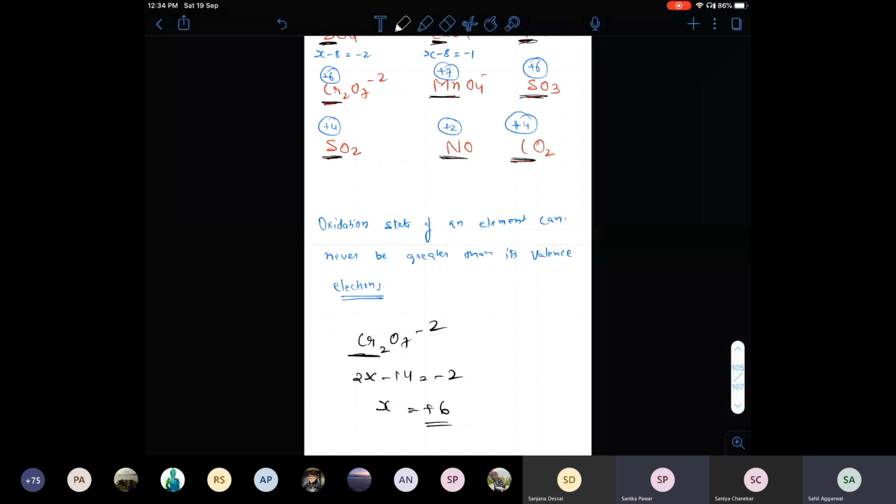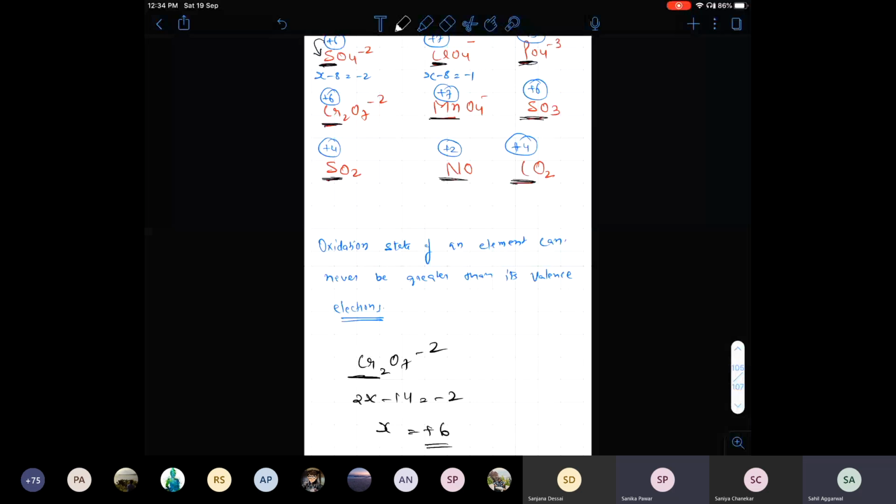So in MnO4 minus, we are finding manganese, right? Yes, definitely. We will always calculate the oxidation state on the central atom. Central atom is the least electronegative atom.